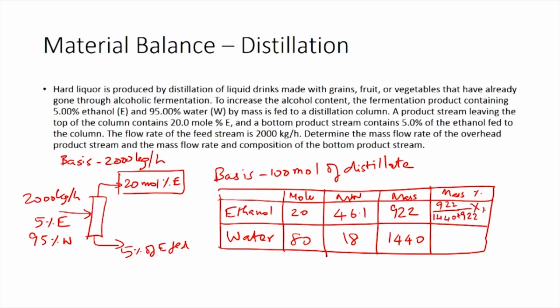This times 100 will give you the mass percentage of ethanol, and similarly 1440 divided by 1440 plus 922 times 100 will give you the mass percentage of water. So, this is calculated to be 39.03% and 60.97%.